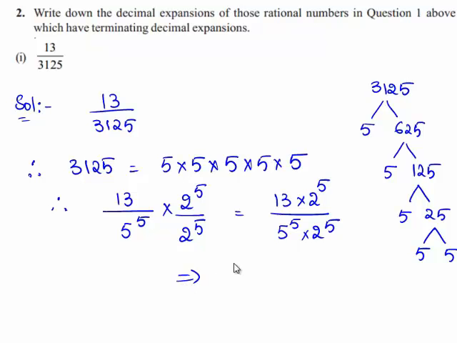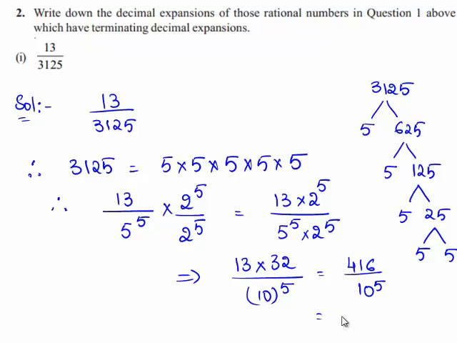This implies 13 times 2 power 5, which is 32, divided by 5 times 2, which is 10, so 10 power 5, which is 13 times 32 is 416 by 10 power 5. So in the denominator of the obtained rational number, we have 5 zeros. Therefore, we shift the decimal point towards the left by 5 places.